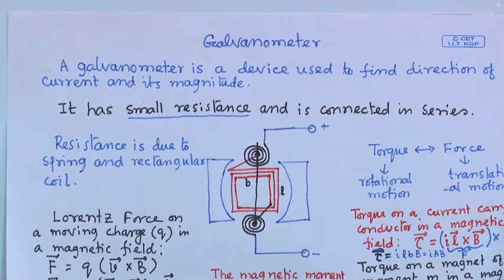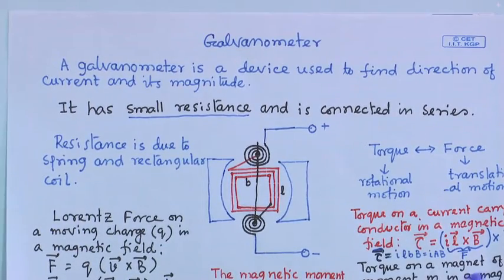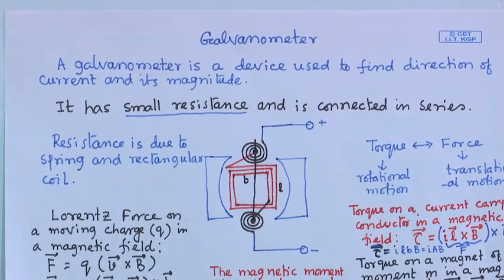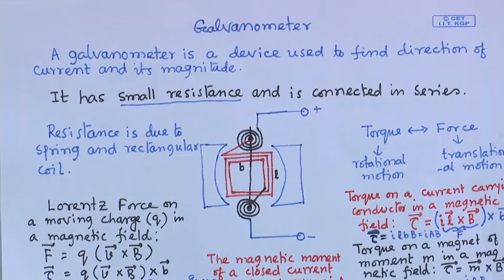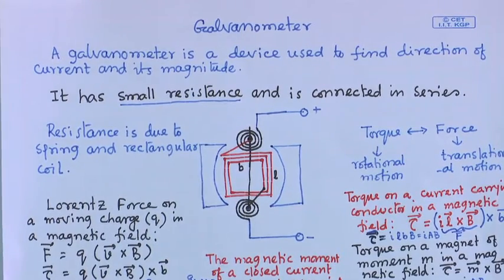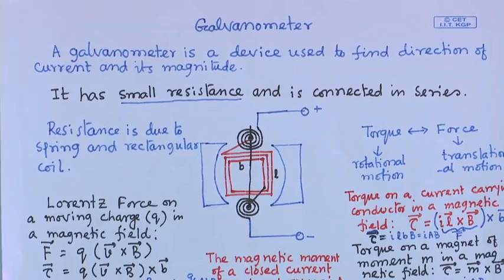Direction of the current and the magnitude of the current, that we find out from the galvanometer. Okay. A galvanometer has a very small resistance and is connected in series in the circuit. Okay. So, that I will show you.